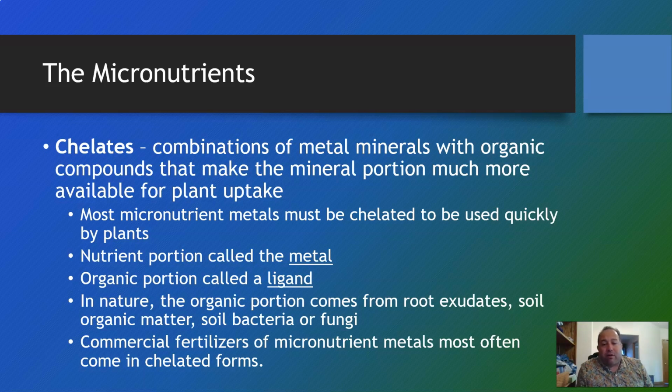So most micronutrient metals must be chelated to be used quickly by the plant. The nutrient portion is called the metal. The organic portion is called a ligand. In nature, the organic portion comes from root exudates, soil organic matter, soil bacteria, or fungi, whereas commercial fertilizers of micronutrient metals most often are already in that chelated form.